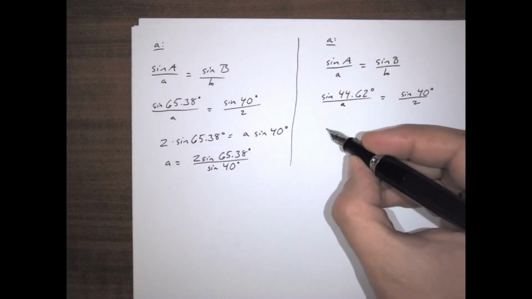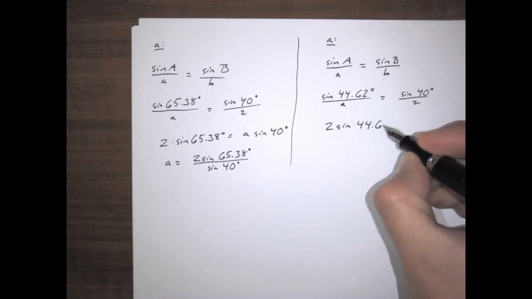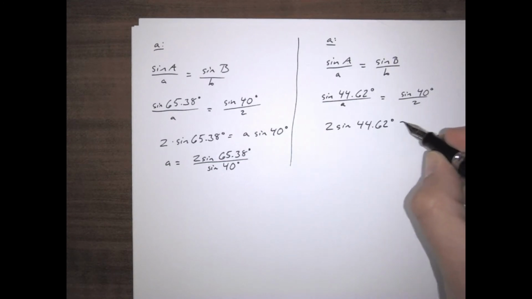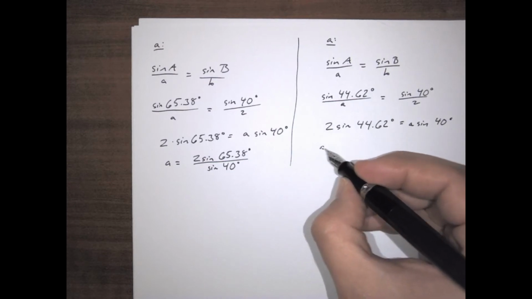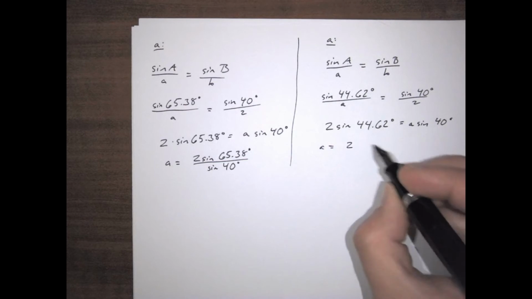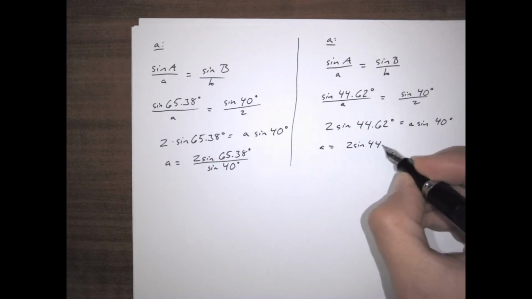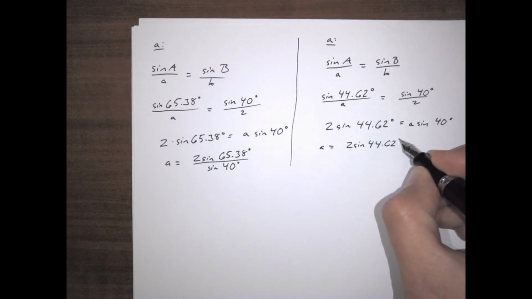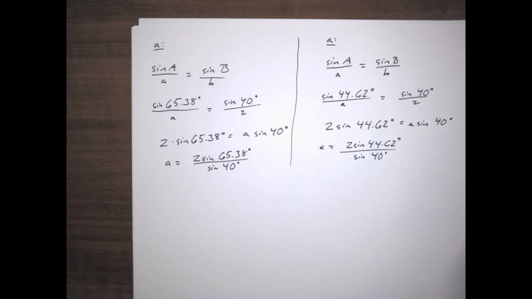And so again, the exact same process will lead us to exactly the same sort of solution here. And so a would be, on the other hand, 2 times the sine of 44.62 degrees, divided by sine of 40 degrees.